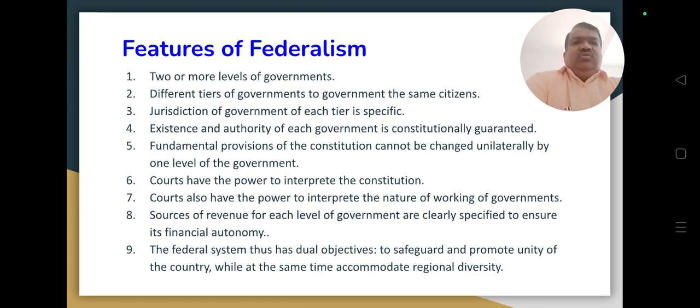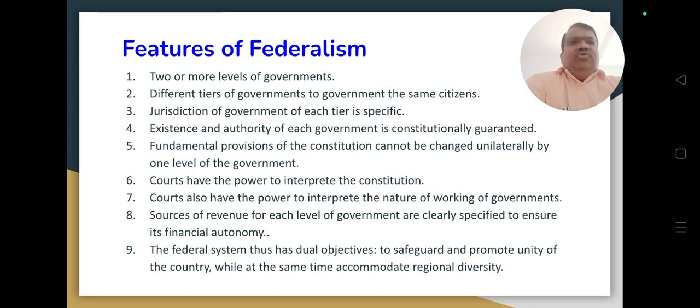That is, the central government cannot show any dominance over state governments in making changes in the constitution. Courts have the power to interpret the constitution, only courts, because law experts will be there; judges are appointed, not elected.